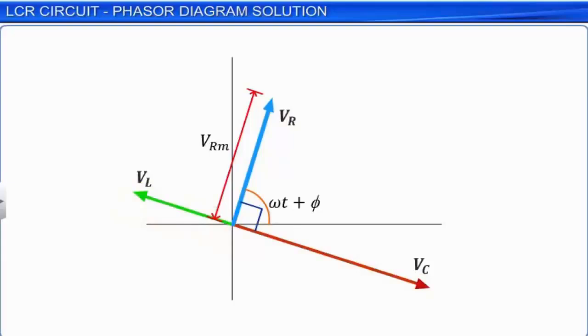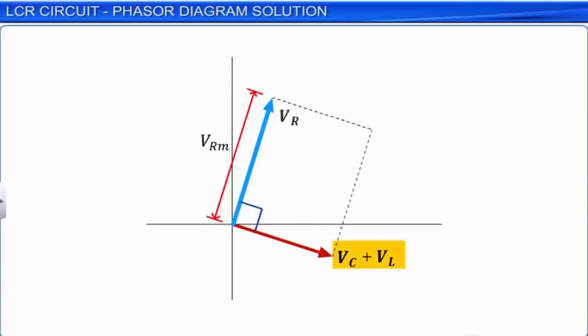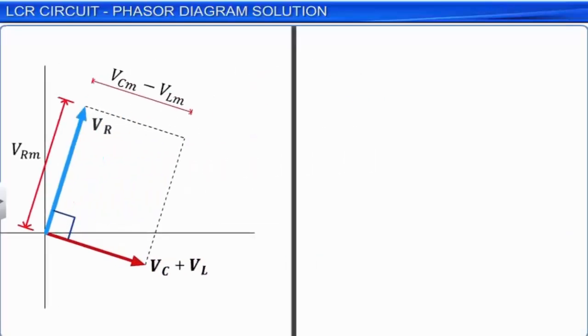Considering the directions of VC and VL on the phasor diagram, we can obtain a single phasor for VC plus VL with the magnitude of VCM minus VLM. Here, we assume that the capacitive reactance Xc is greater than the inductive reactance XL, and hence we have VCM greater than VLM.